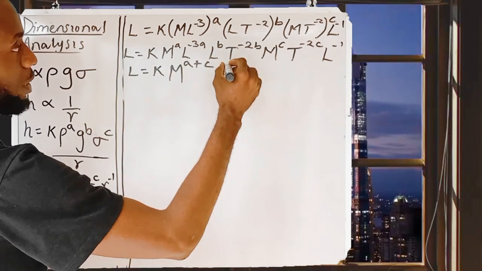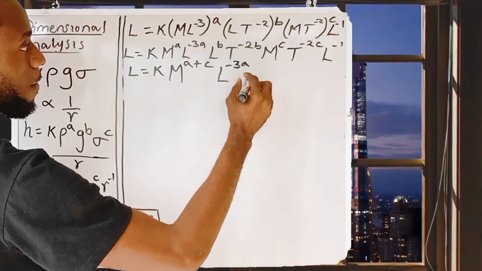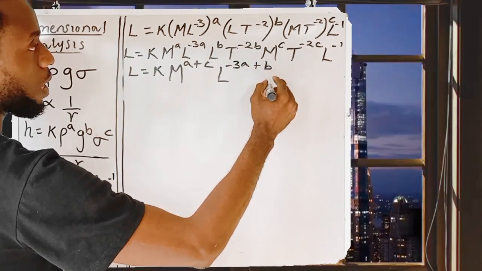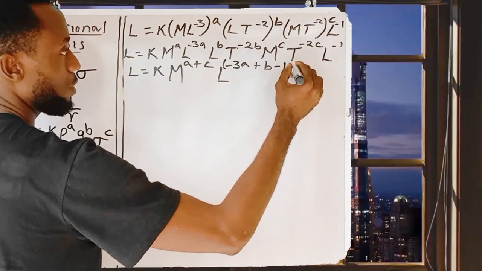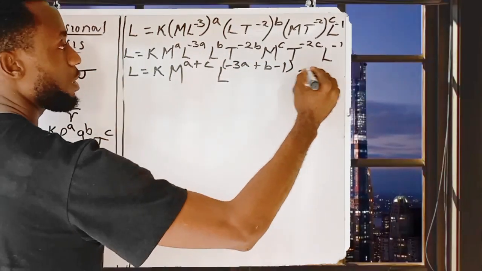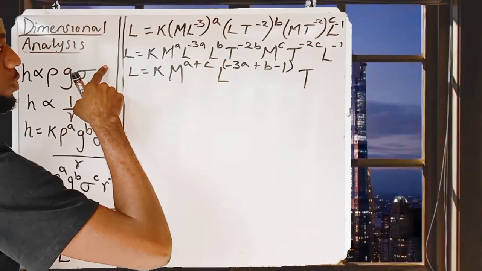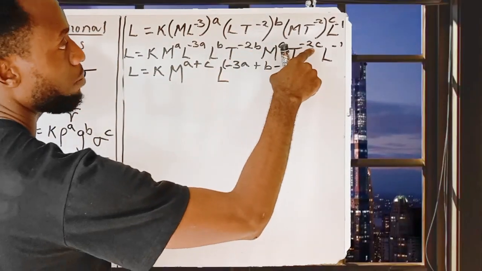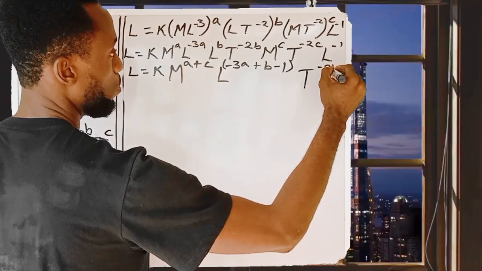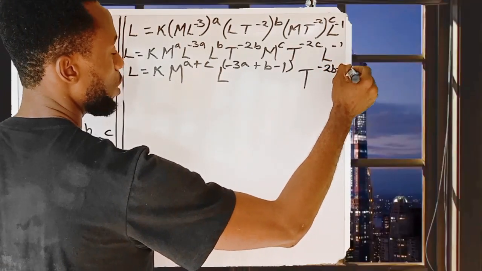So that's minus 3A plus B minus 1. And then lastly, for T, we have minus 2B and minus 2C.